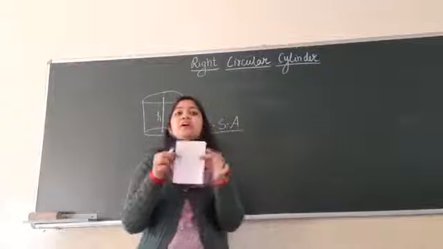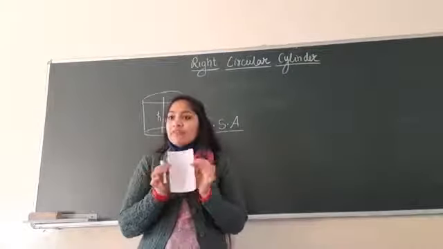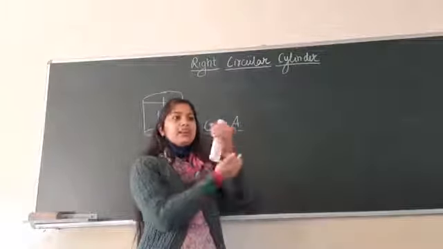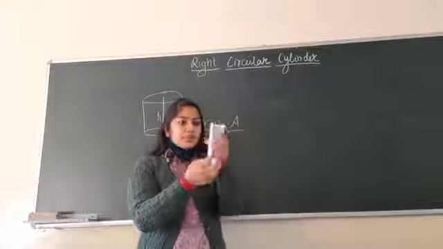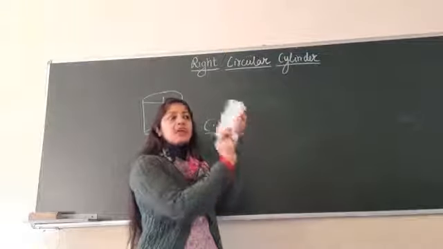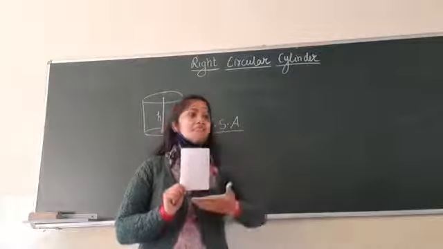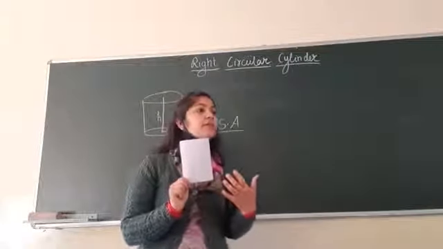It will take the shape of a rectangle, right? So what is the curved surface area? You cut the cylinder from here and it became a rectangle. This was your outer curved surface area. When I cut it and opened it like this, that surface which was curved is now a rectangle.